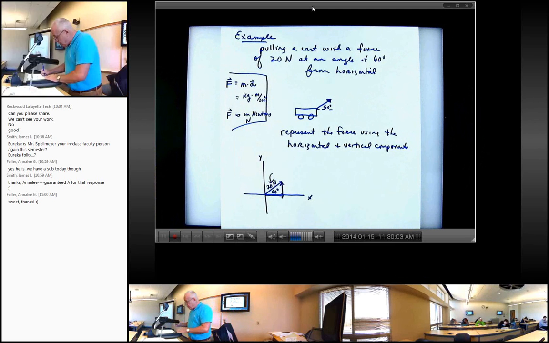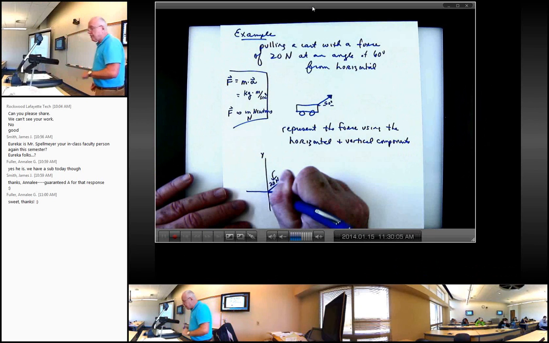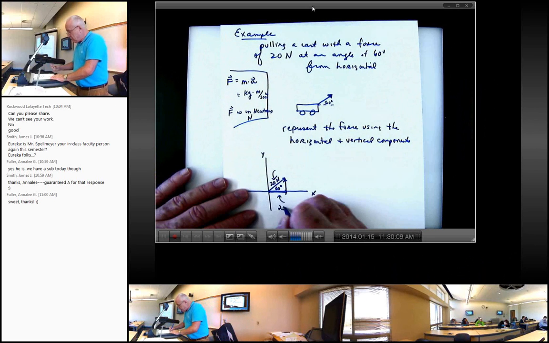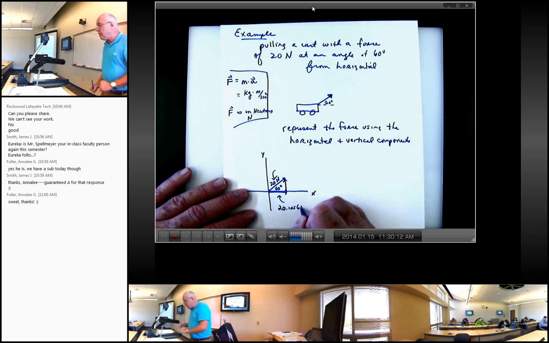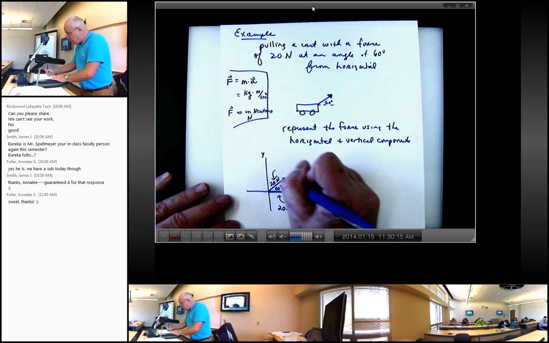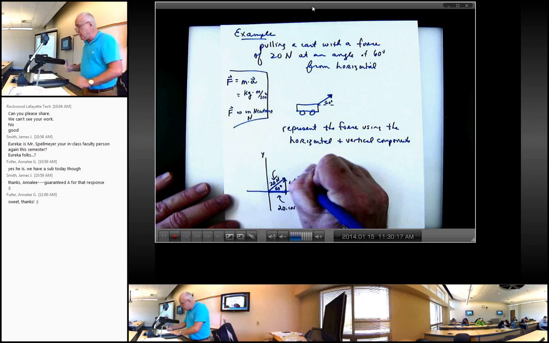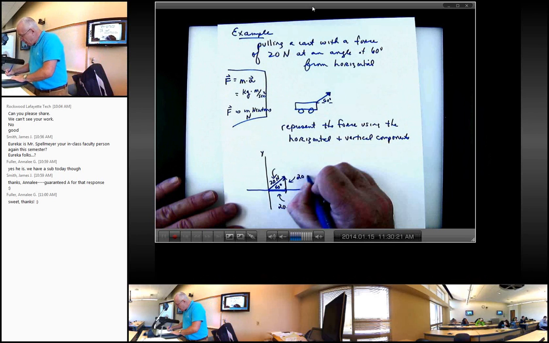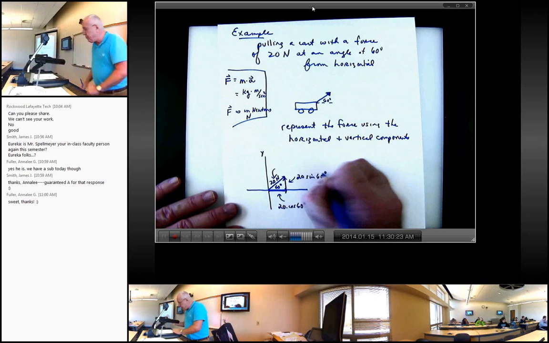So the size of the horizontal component is going to be 20 newtons times the cosine of 60 degrees, and the vertical component is going to be 20 newtons times the sine of 60 degrees.